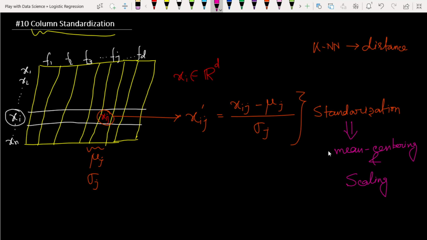Why is it called mean centering and scaling? Mean centering, because every data point has the feature mean subtracted, so we are centering our data at the mean. And we divide by the standard deviation, so it is called scaling.